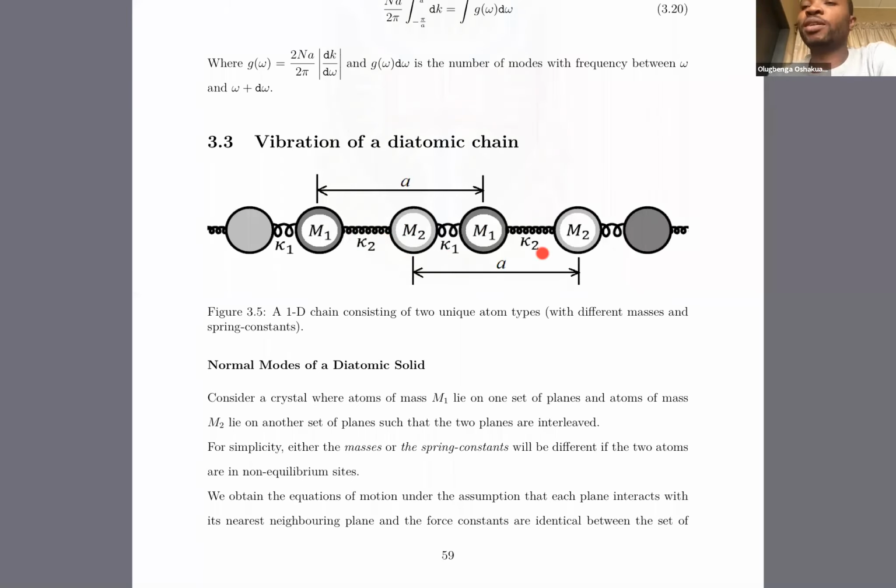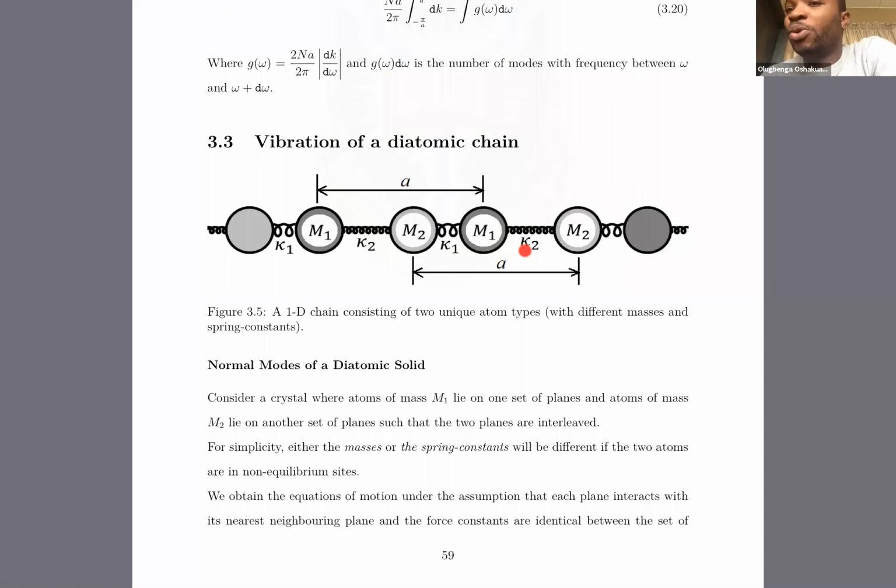But to make the analysis very simple, we can make either of two assumptions. We can assume M1 to be equal to M2, where we'll check the effect of having different types of kappa. We can also let kappa 1 be equal to kappa 2.